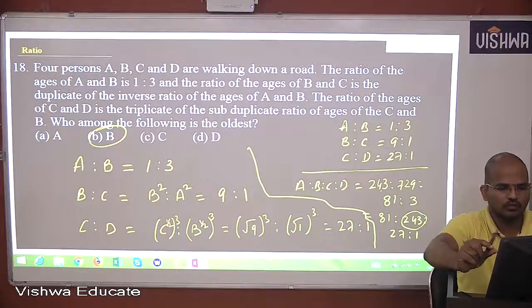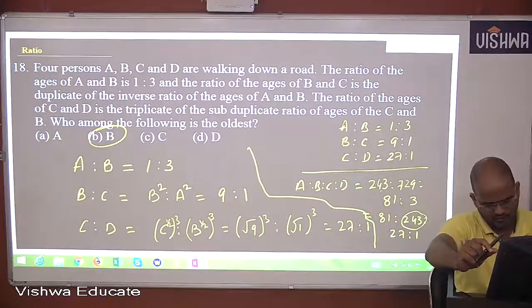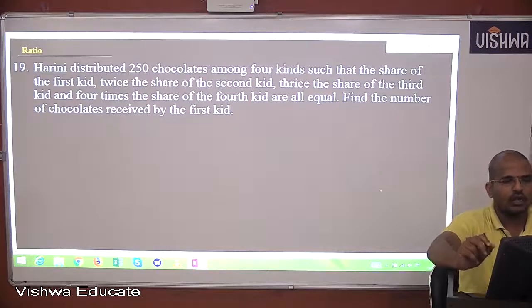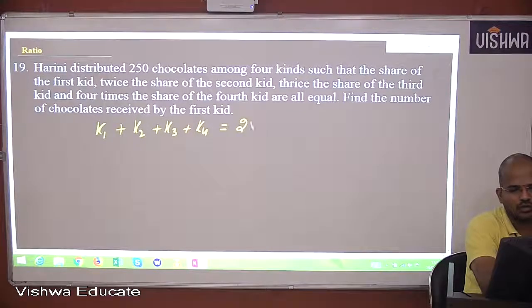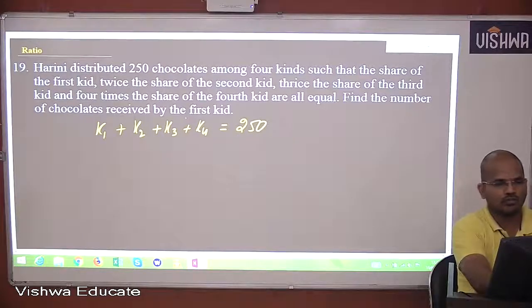The ratio of the ages of CD is the triplicate of the subduplicate of CB. Fantastic. Harani distributed 250 chocolates among 4 kids. So kid 1, kid 2, kid 3, kid 4 is 250.